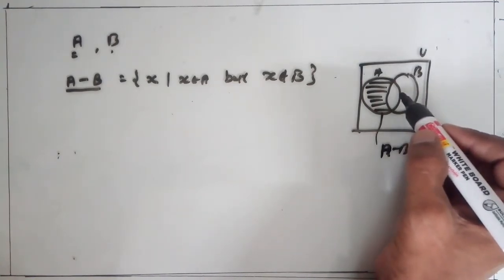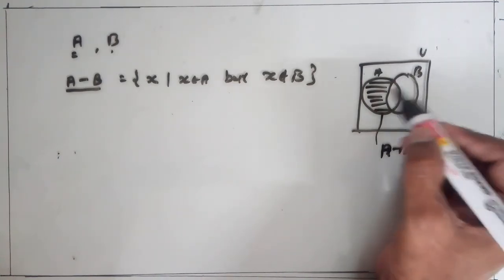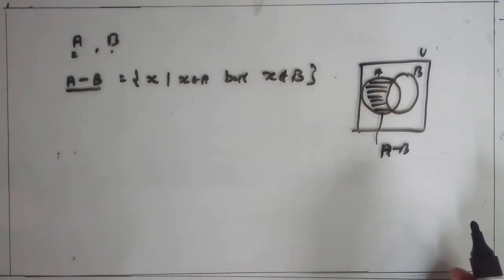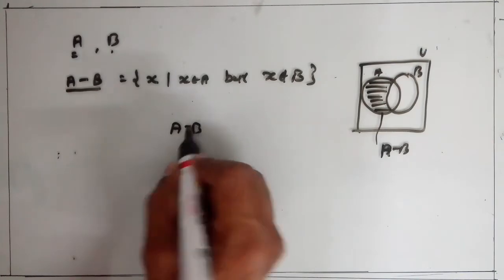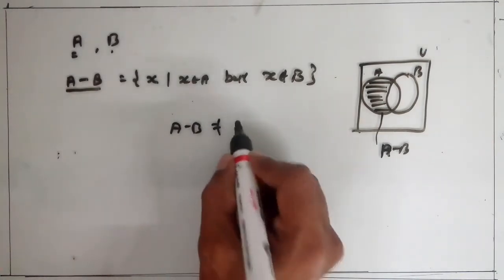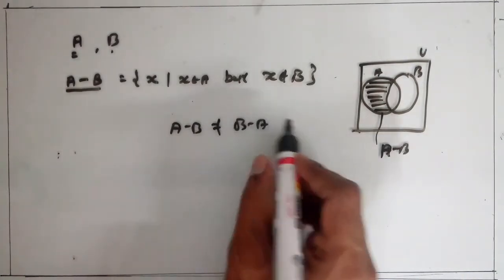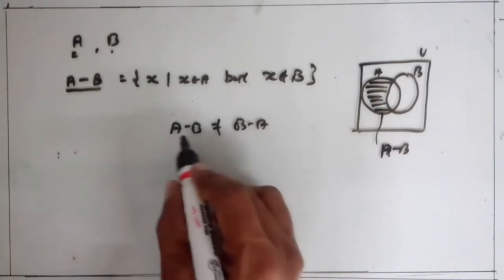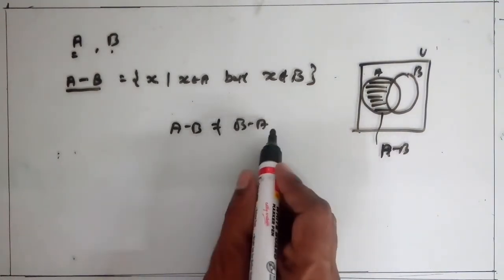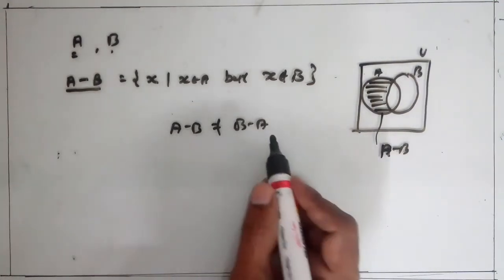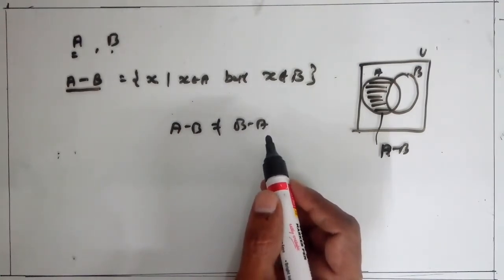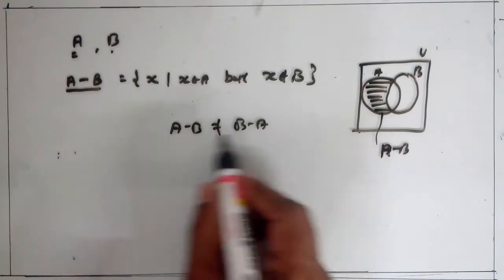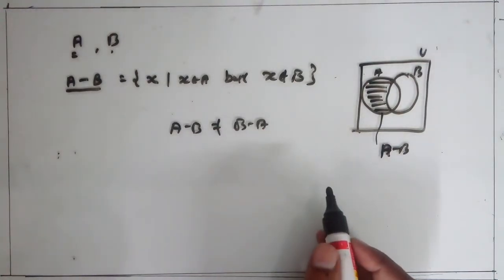Removing A ∩ B from B, we get B − A. Clear? So in this case, A − B is not equal to B − A. That means the difference of two sets is not commutative.